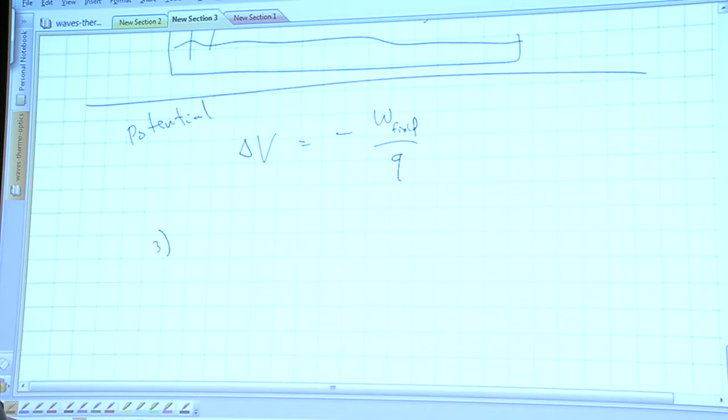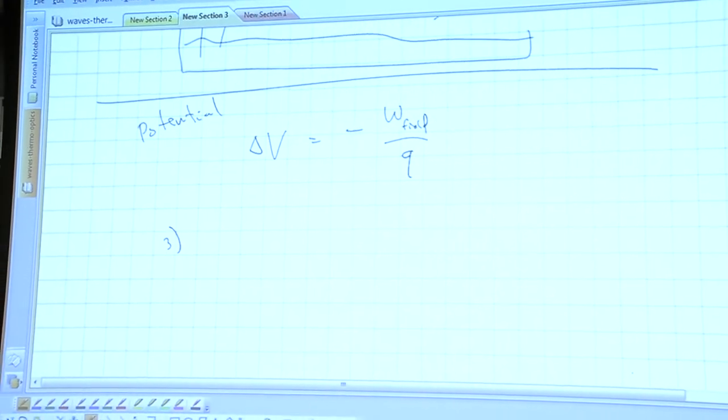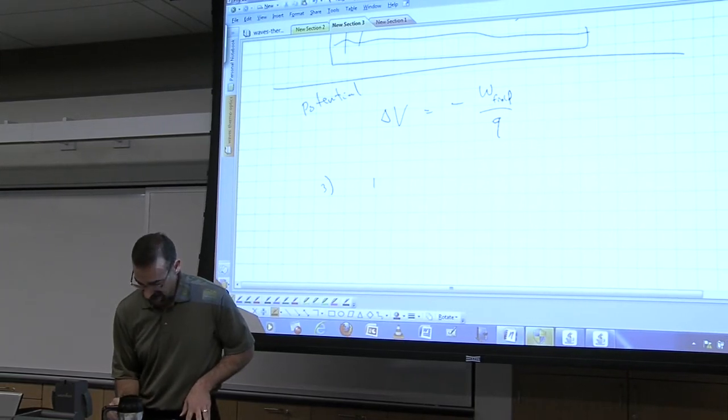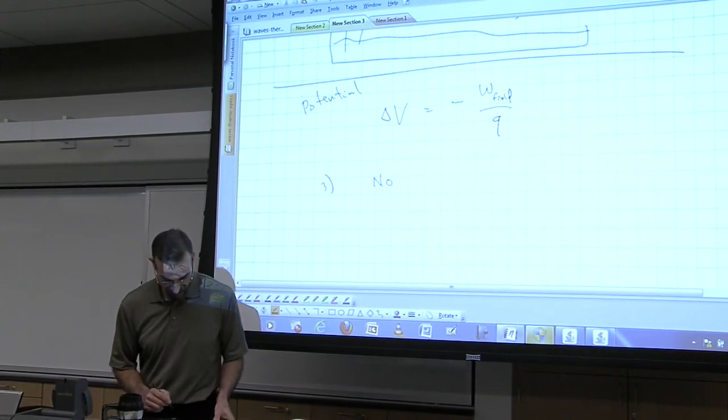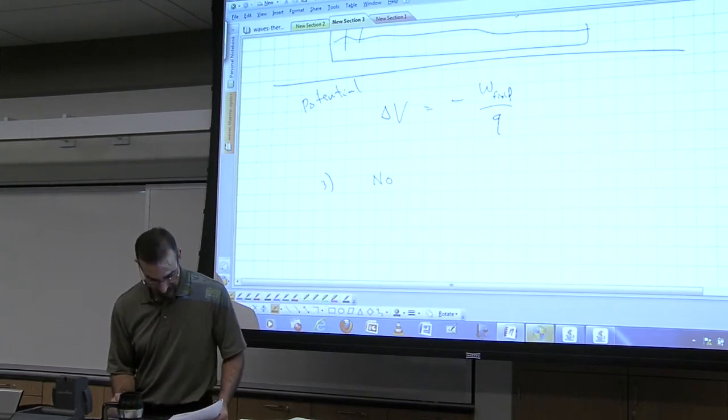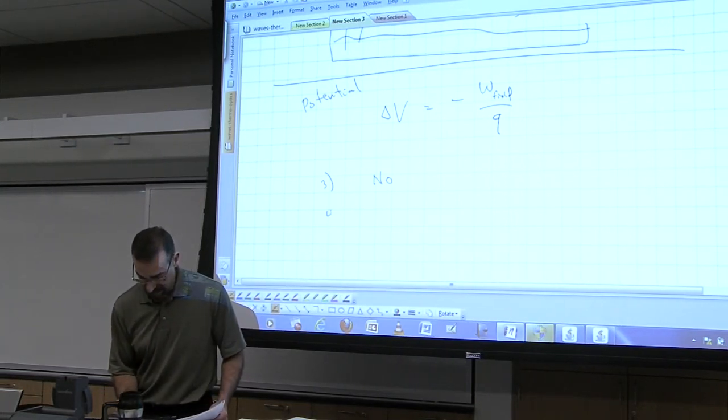No. That's why we're dividing it out, right? We don't want it to depend on the charge. We only want it to depend on the field. That's the whole point of potential, electric potential. So it does not depend on the magnitude of the charge. We've divided it out. How about the sign of the charge?